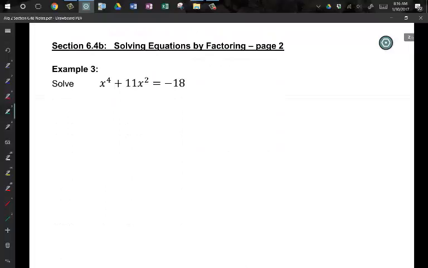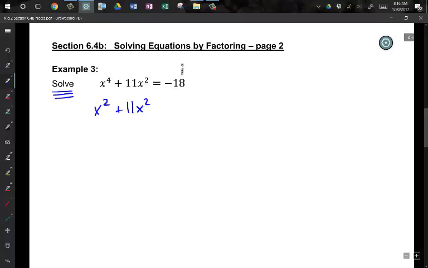And now the big difference is on the front page, we had factoring. On the back page, what are the direct instructions? Solve. Ideally, when we're solving, we have to be equal to 0. So let's get this equal to 0.